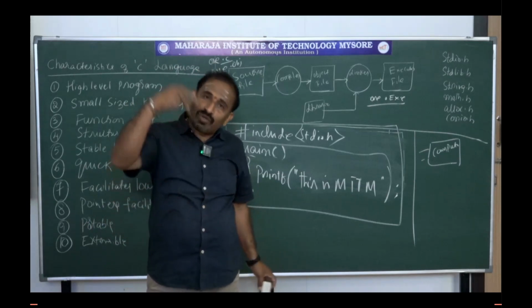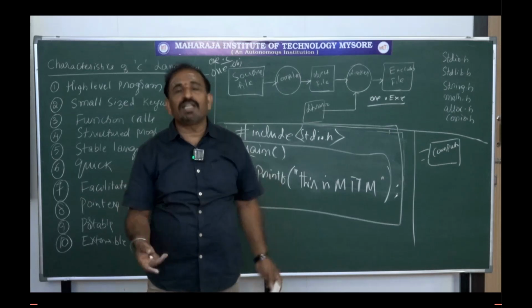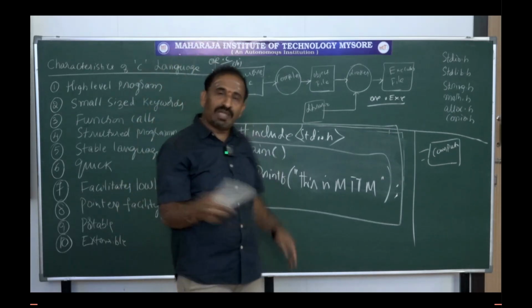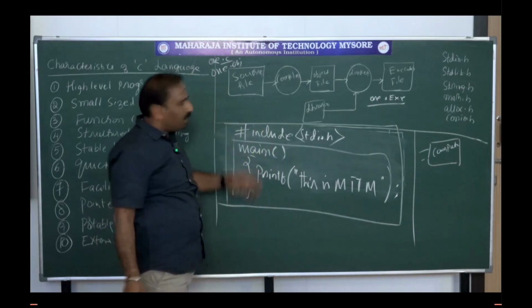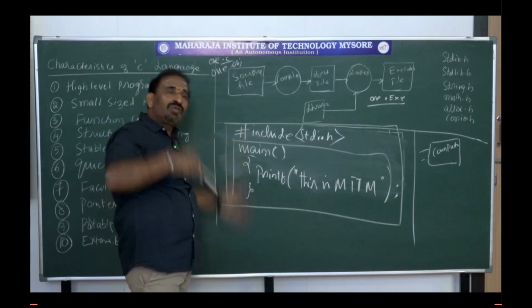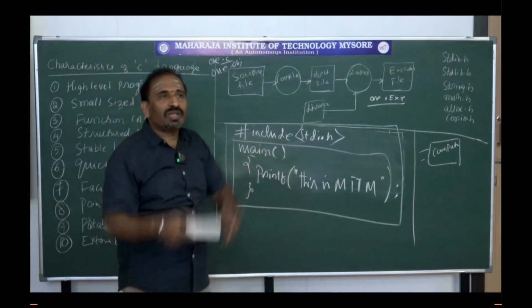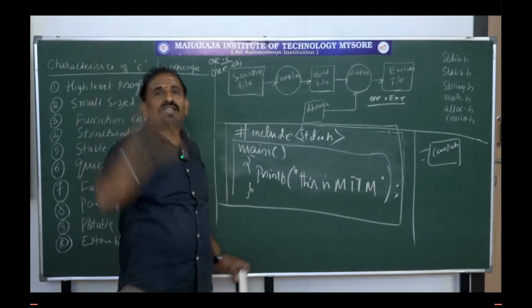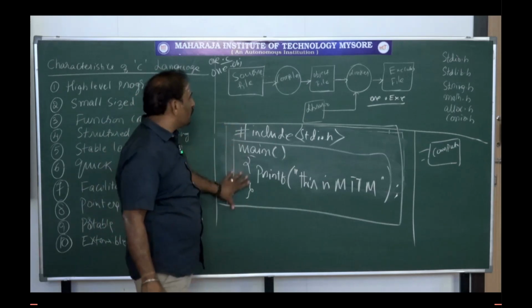Of course, if you are good at writing programs, you can write a header file and include it at a later stage. Just as you use somebody's facilities, you can also create a facility for the public, create a header file, and ask someone to use it whenever they want.